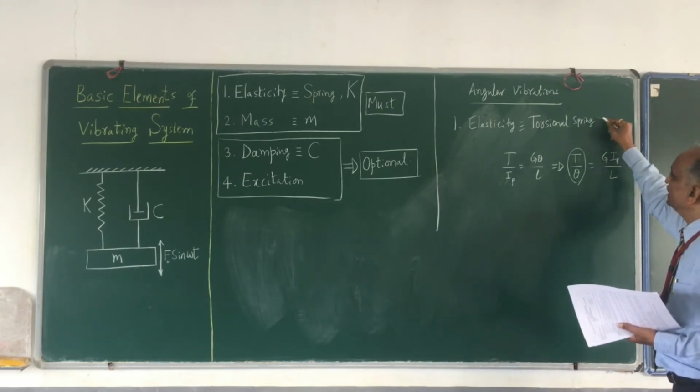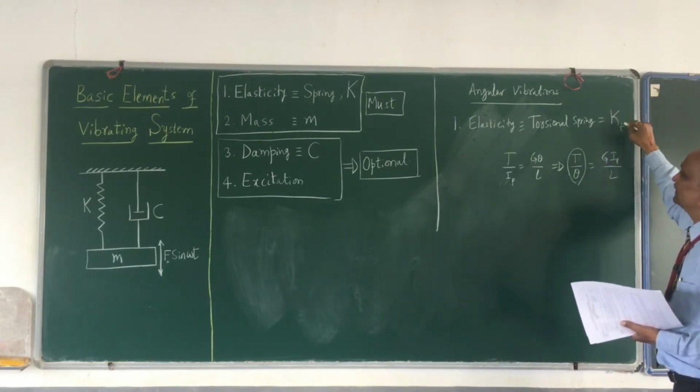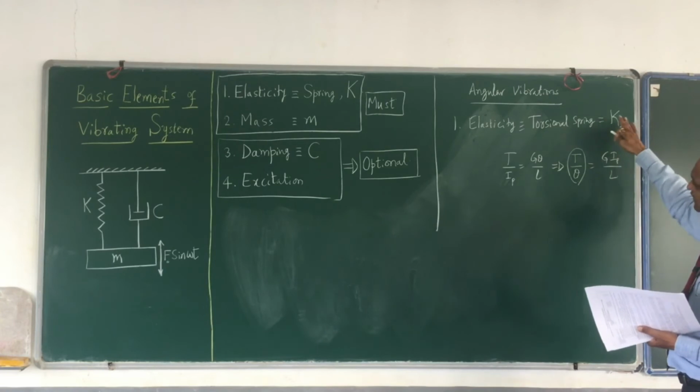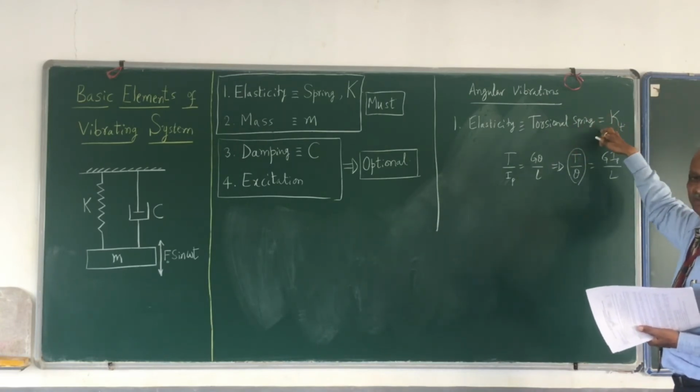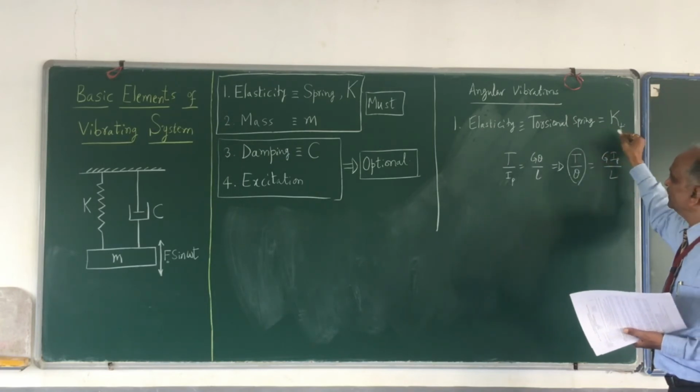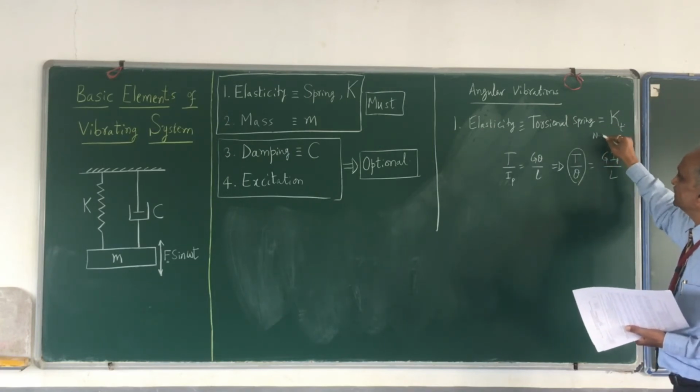T by theta is what is called KT. K is a stiffness, and what kind of stiffness? Torsional stiffness. And what is the unit of this KT? It is Newton meter per radian.